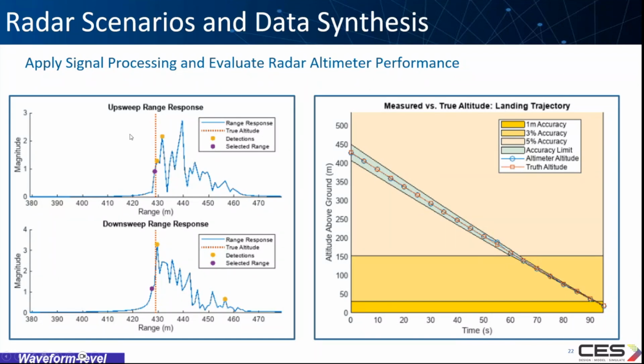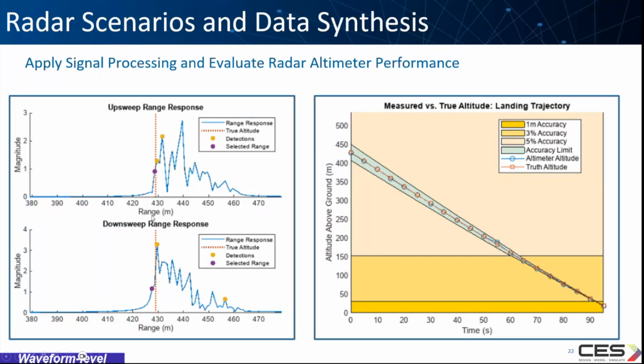Because we have a triangular waveform here, we are looking at two different range responses, one for the up sweep and the other for the down sweep. Combining the information from these two, we can get a better radar detection performance.